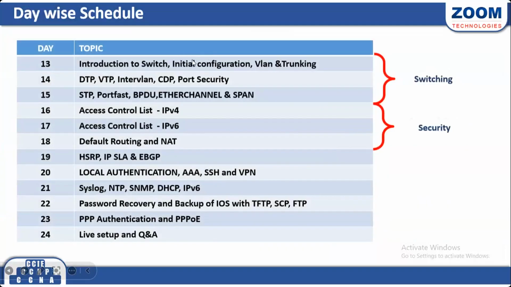But still we have to configure the switch, because nowadays we have to access the switch in different branches. So configuration is required. Then VLAN, trunk configuration, DTP, VTP, all this configuration. Then the security topic: ACL, access control list, NAT configuration, VPN, password recovery. Then different types of services: syslog service, NTP, SNMP, DSCP. All this we will discuss in the day-by-day schedule.